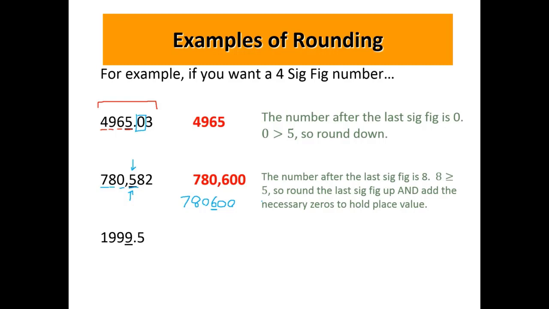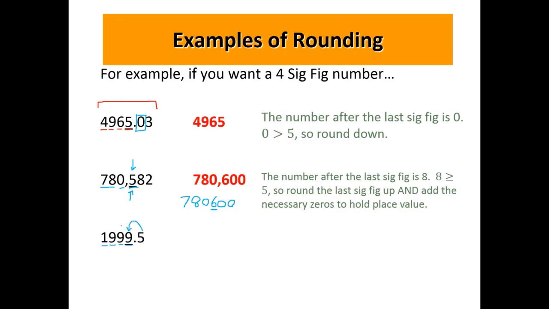All right, what about the last one? This is a little tricky. What should this round to? 2,000. Very good. Because if I go 1, 2, 3, 4, this last significant figure rounds up.